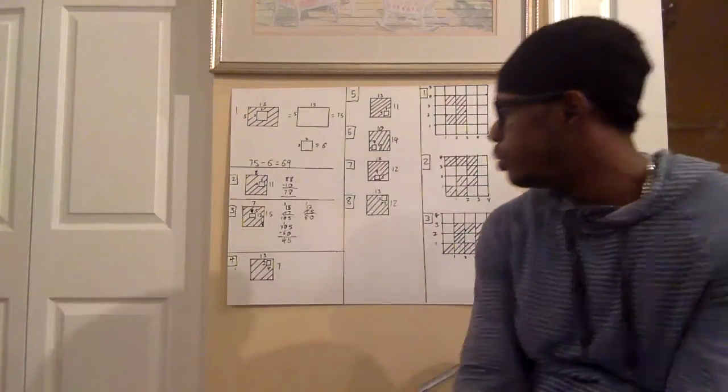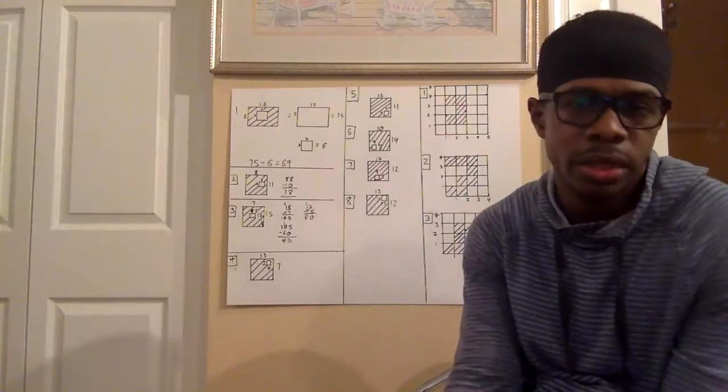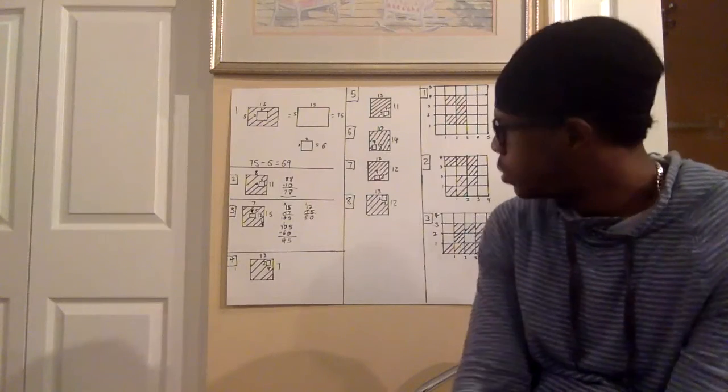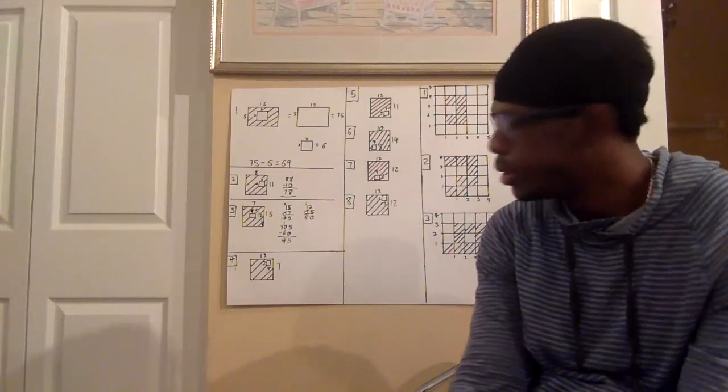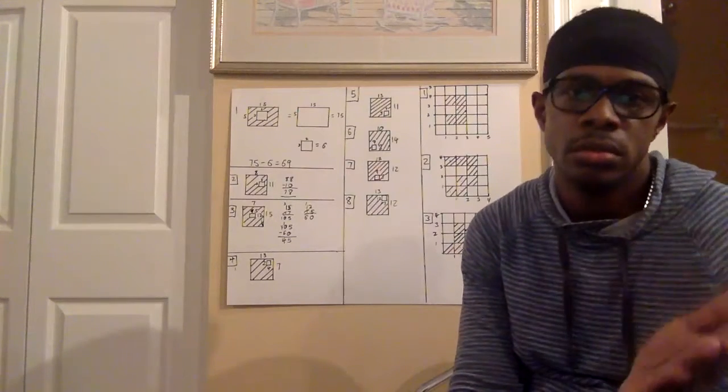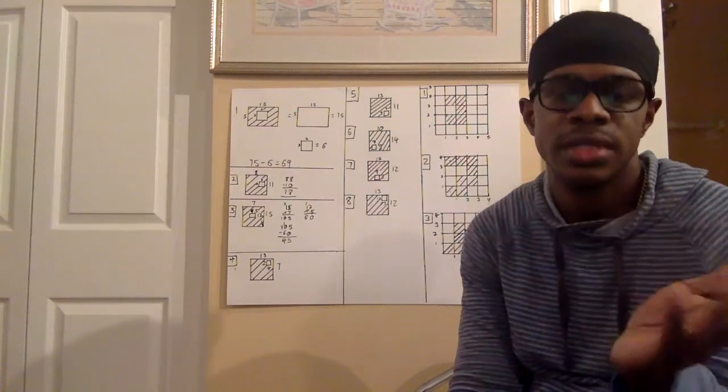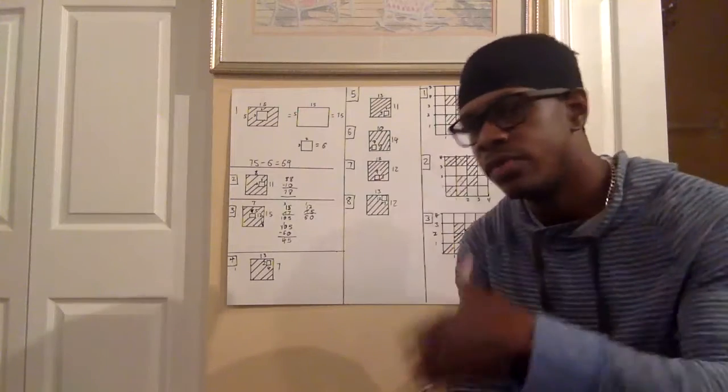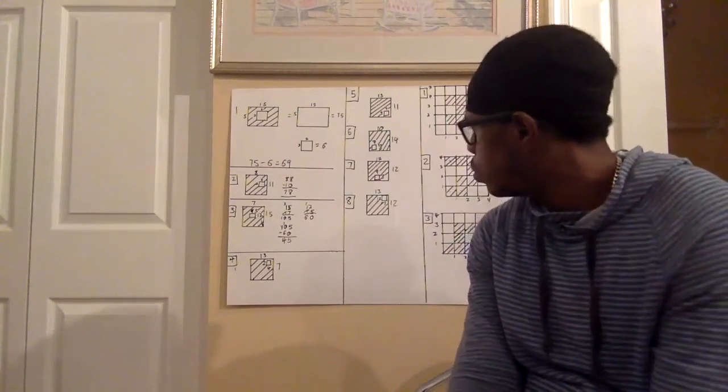And then number 8, 13 times 12 is going to give you 156. So the full area is 156. And then we have 12 times 7, which is 84. So we're going to have 156 minus 84, which should give you 72.